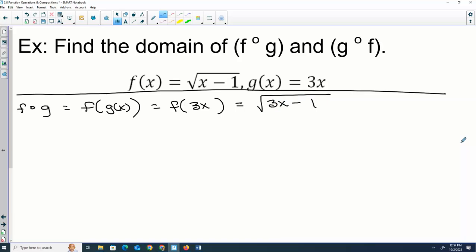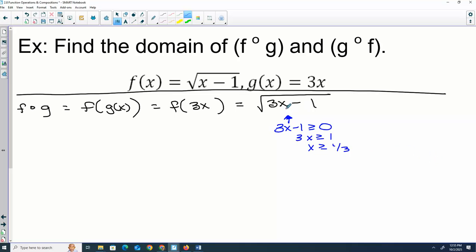So we get the square root of 3x minus 1. For my domain, if I look right here, anything under a square root has to be what? Bigger than or equal to 0. So 3x has to be bigger than or equal to 1. So x has to be greater than or equal to 1/3.